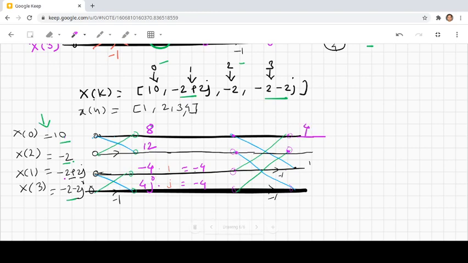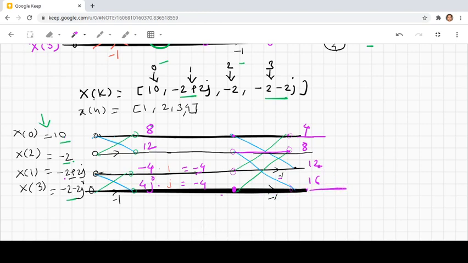Here I am getting 12 minus 4, because here I am getting -4. 12 minus 4 gives me 8. 8 minus (-4 multiplied by -1 is +4), so 8 plus 4, 12. And here I am getting 12 plus -4 into -1, plus 4. 12 plus 4 is 16.